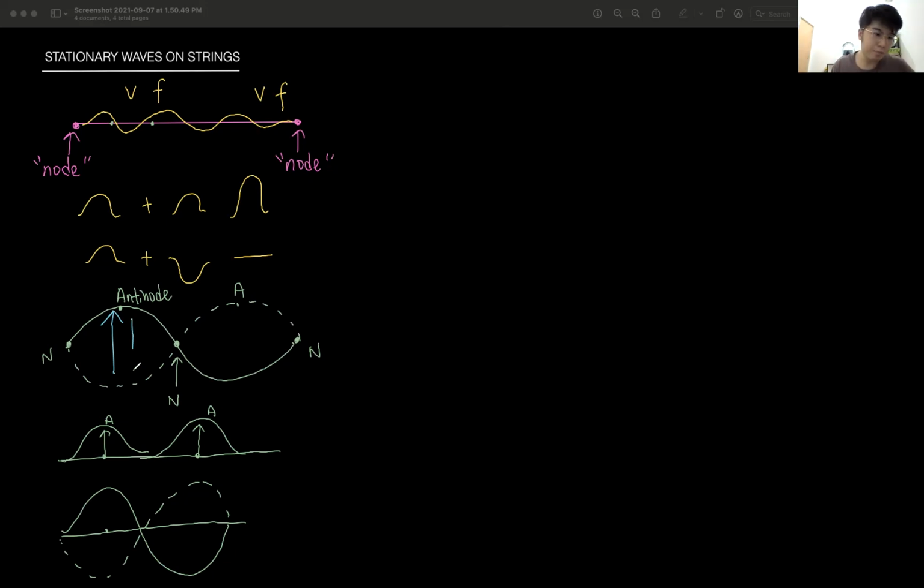The string moves down, and then it pulls the air again. So this push and pull of the region of air around the string creates the compression and the rarefaction, the longitudinal wave. So this string moving up and down creates a compression, rarefaction, compression, rarefaction, compression, and this travels as a longitudinal wave, reaches our ear and we hear the sound.